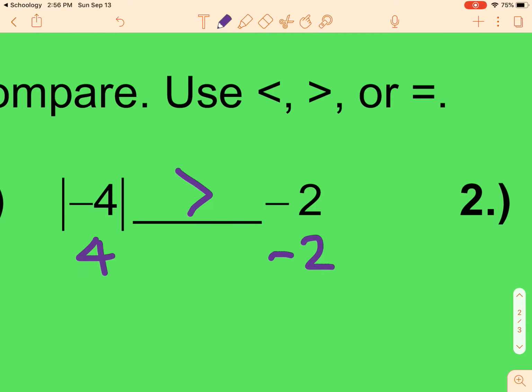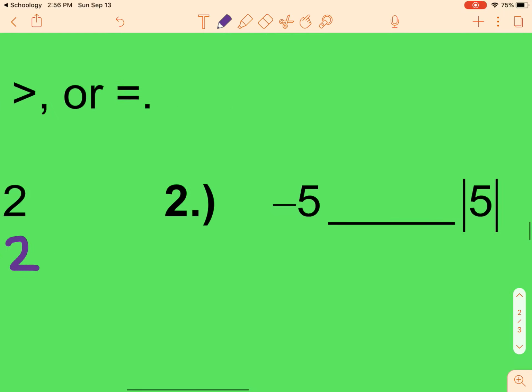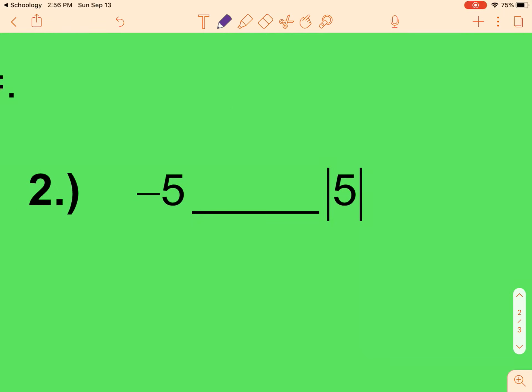Right, 4 is bigger than -2. Let's look at the second one. So I have -5. There's no absolute value, so it just stays the same. And then I have the absolute value of 5. That's going to change it to what? Right, it's just going to stay 5 because it's an absolute value and it's always positive. So -5 or 5, which is bigger? Right, 5 is bigger, so we have -5 is less than 5.